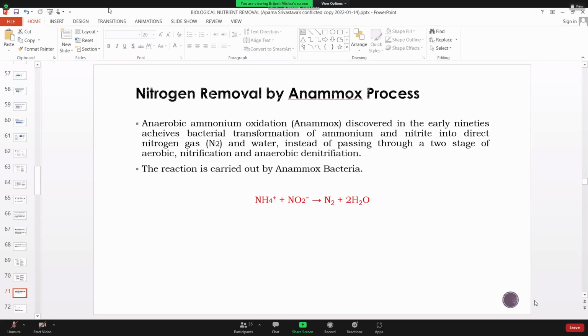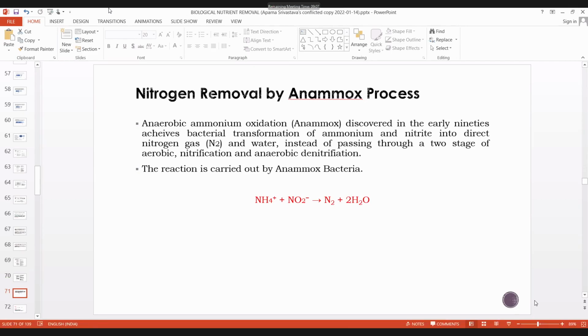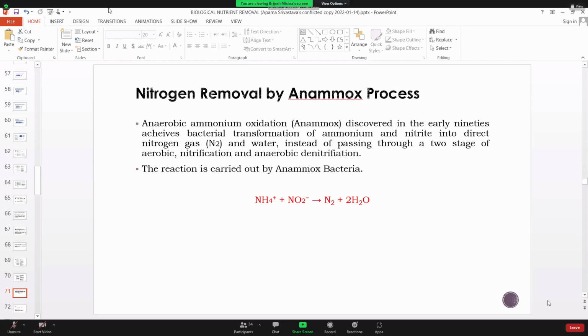Sir, we add bacteria which react with the wastewater to produce nitrogen and release N2. The bacteria consume the organic matter and release N2 with the reactions. Something like that, sir.